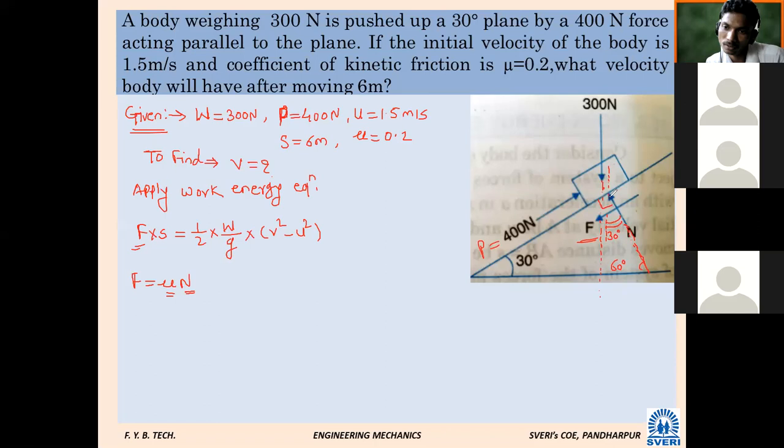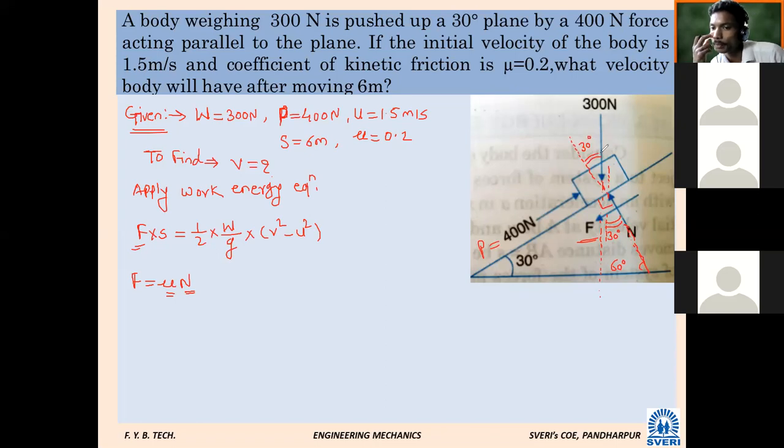If I extend the 300 line, what will be this angle? 30 degree. And this, again 30 degree.